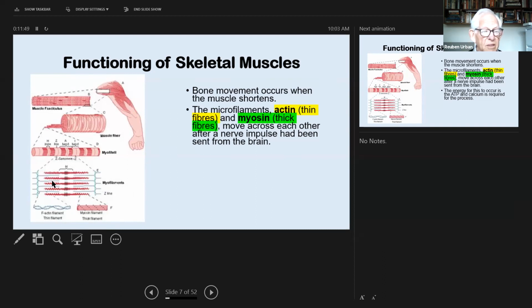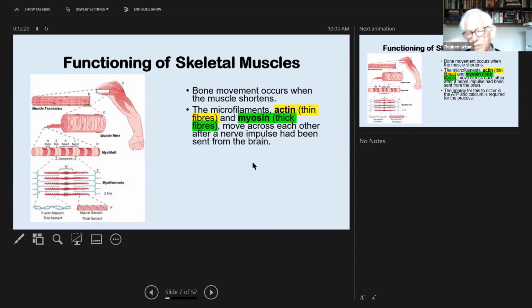These are the myofilaments. So you have these dark ones and the light ones are shown gray here. So the dark one is called the myosin, and the light one is the actin. And you can see they move between each other. So the actin and the myosin move across each other after a nerve impulse.